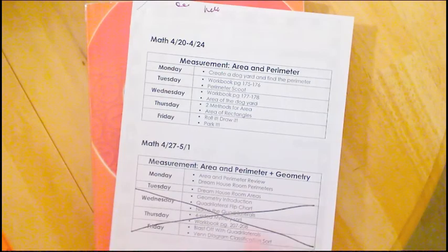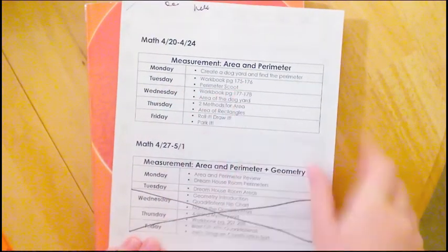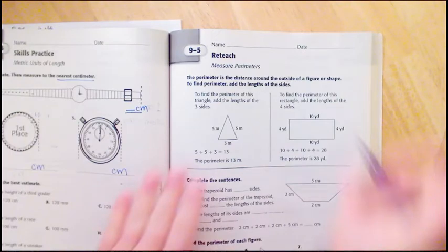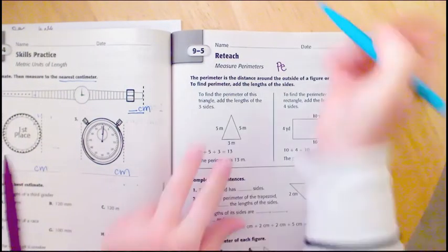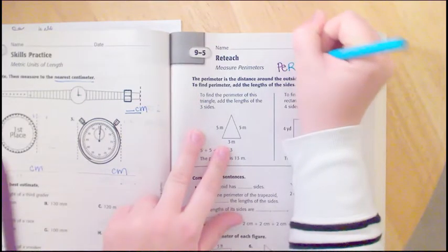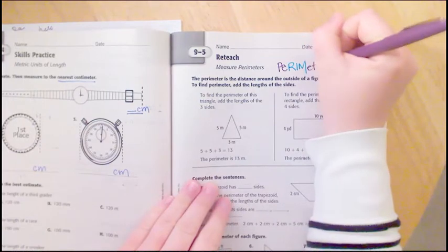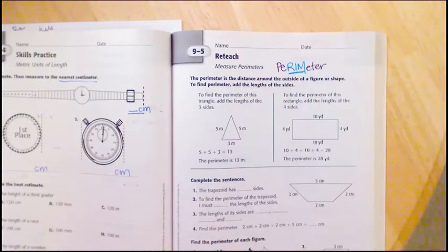We are going to continue on with perimeter today. So we're going to start with workbook page 175. Let's turn there and we'll do a quick little review about what perimeter is. If you remember my little handy way to write it, perimeter, remembering that the rim is the outside of something.